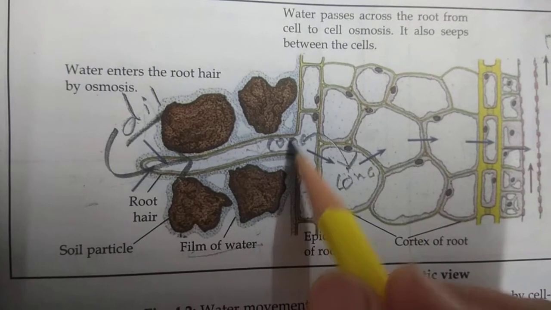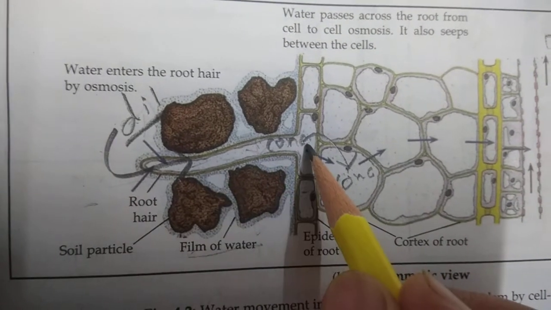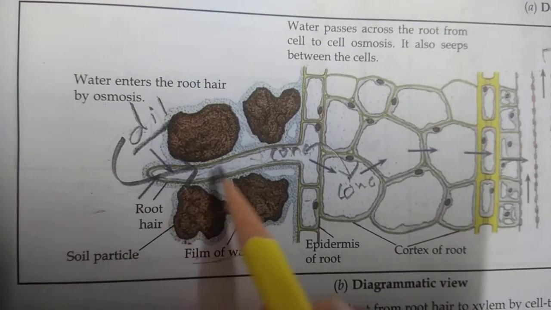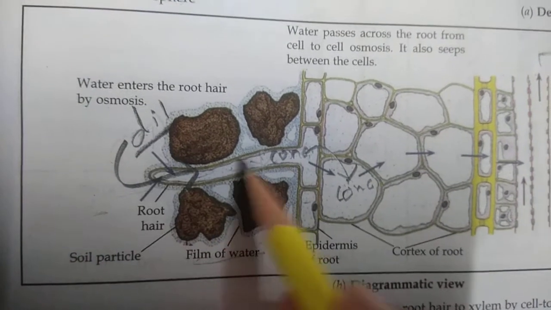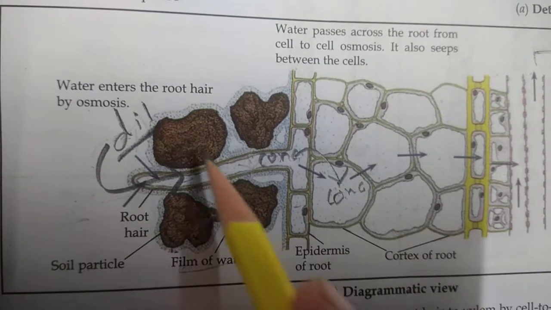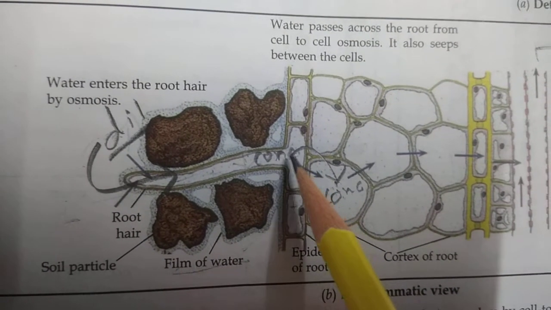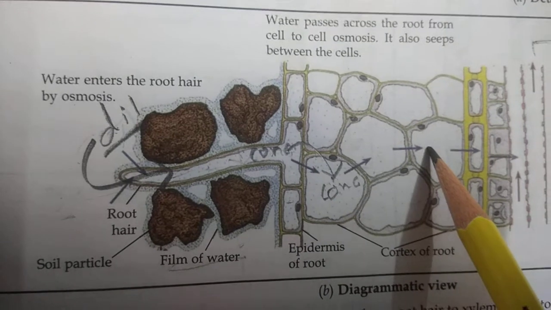When the water goes inside, this cell again becomes concentrated, and from the diluted one again the water will enter. In that way the chain of water absorption goes on. The water moves from one cell to another with the help of osmosis.